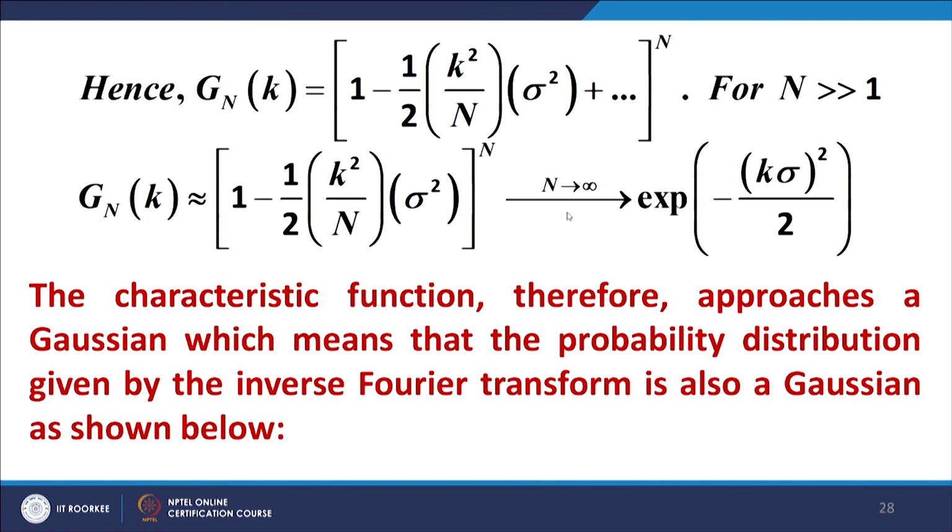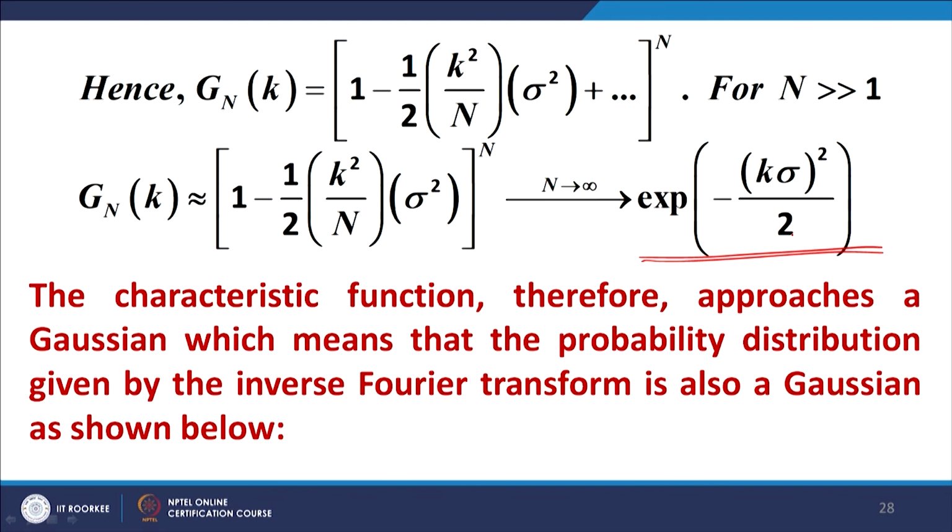So, a bit of simplification, what do we have? g_n(k) is equal to 1 minus 1/2 k square upon n into sigma square, to the power n. Take the limit as n tends to infinity, you get this expression. Remember, this is the Fourier transform, not the PDF itself.